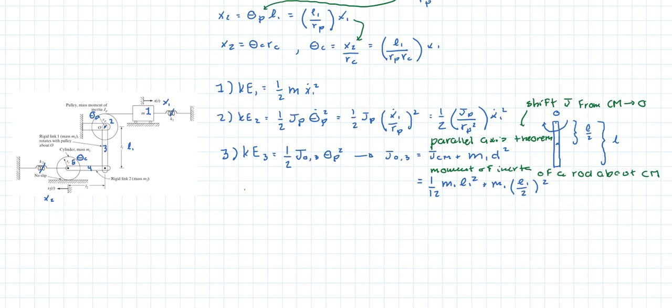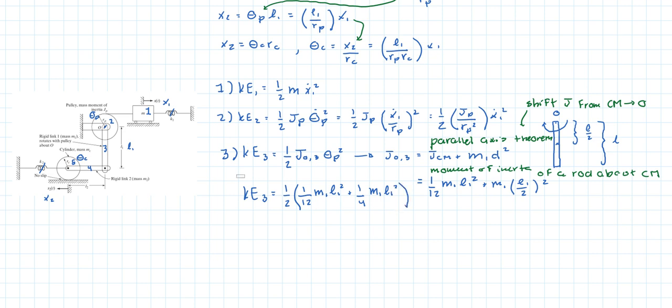So we can write that the kinetic energy of the third element really is 1/2 times 1/12 m1 L1 squared plus 1/4, because it's 1/2 squared, times m1 L1 squared.